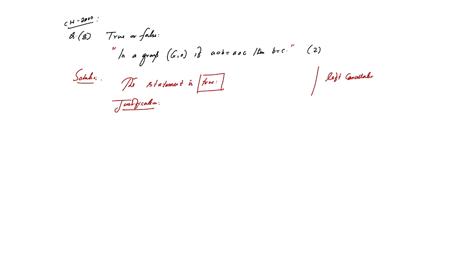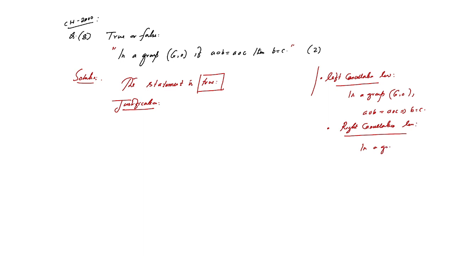The left cancellation law is basically: in a group (G, o), a o b equals a o c implies b equals c. There is also another important cancellation law, the right cancellation law. What is this?